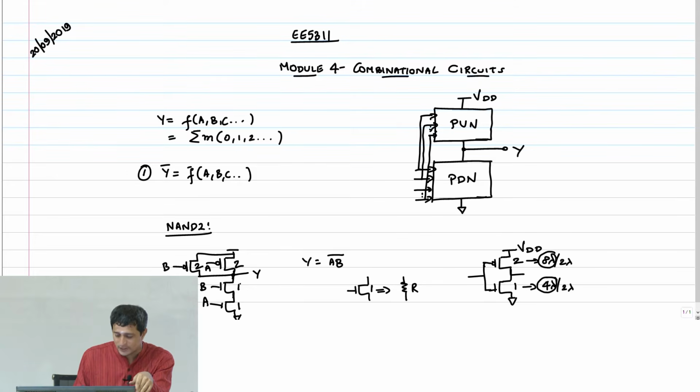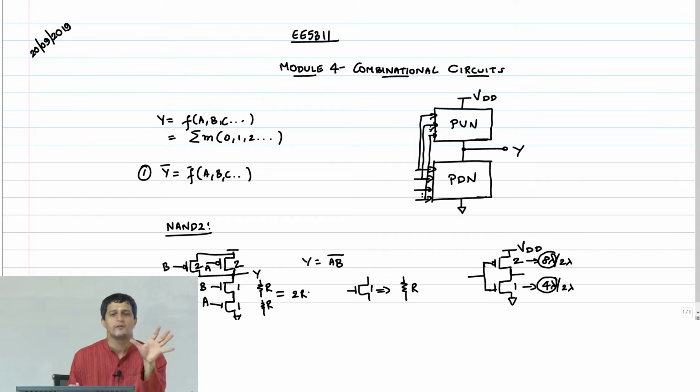So if this unit transistor offers a resistance R and this is also R, the net pull down resistance is 2R, but we want the net pull down resistance to be R. The reason is, when I go to NAND 3, I will have a 3 stack, that will become 3R, 4R and delay will keep going up. So somewhere we have to normalize this delay. The best thing to do is, by definition, to normalize it to the delay of the unit inverter.